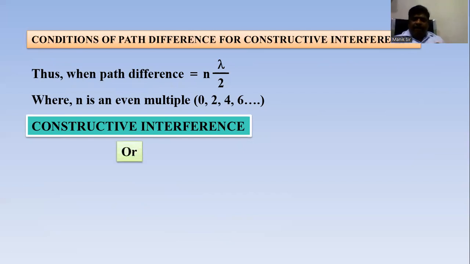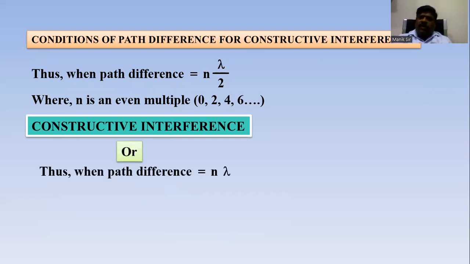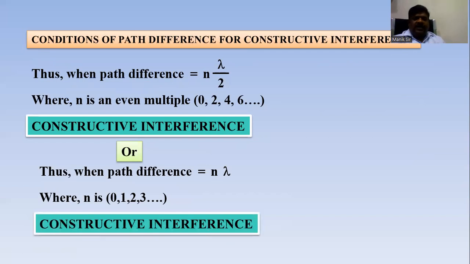Understand? Or when the path difference is n lambda, but the value of n is what? 0, 1, 2, 3, like that, where n is equal to 0, 1, 2, 3, then also we get constructive interference.